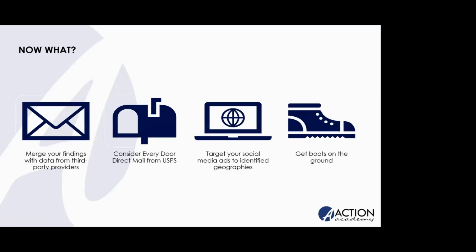Then let's talk about the now what. And here is where we will deliver on one of the promises I made a bit earlier, though not delivering it in huge depth here with the short time we have left together this morning. So there are a few things you can do with this data. One thing you can do is merge your findings with data from third-party providers. What does that mean?